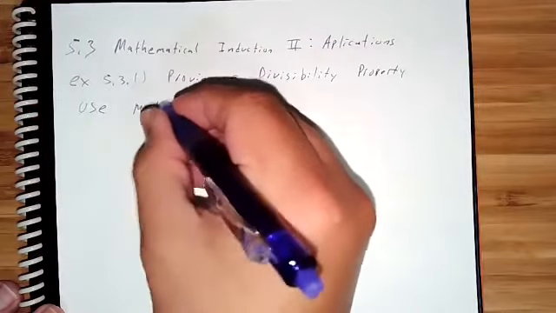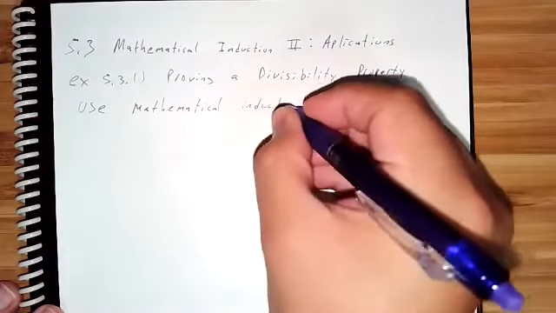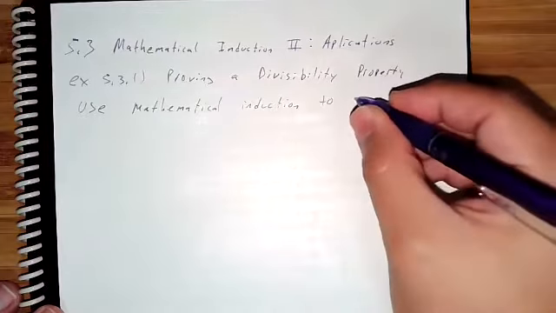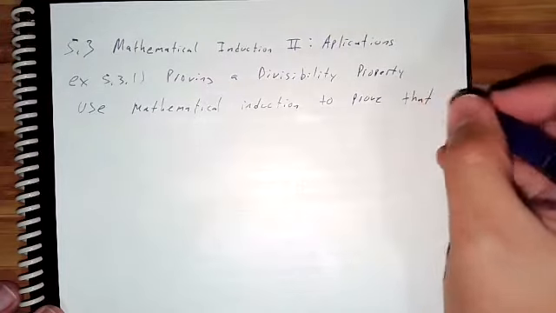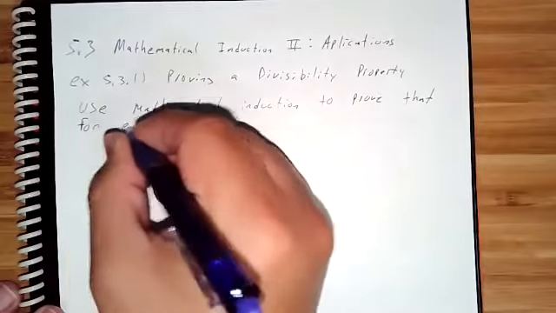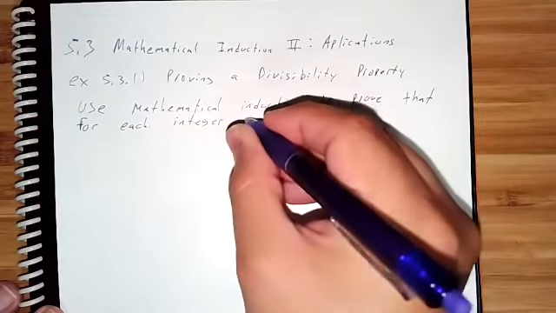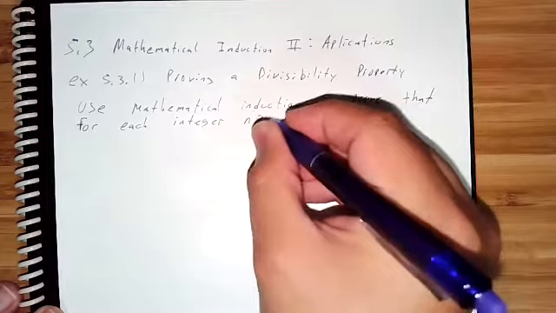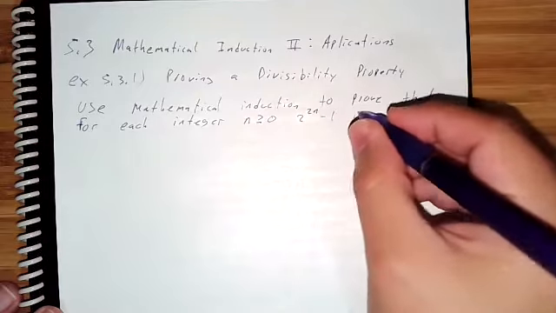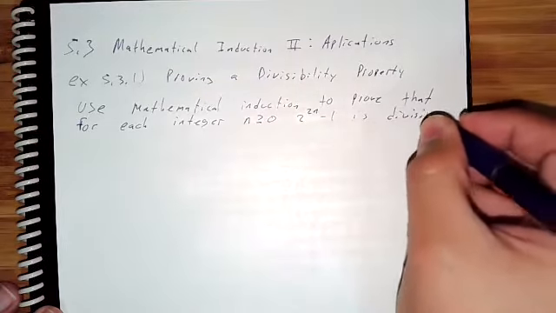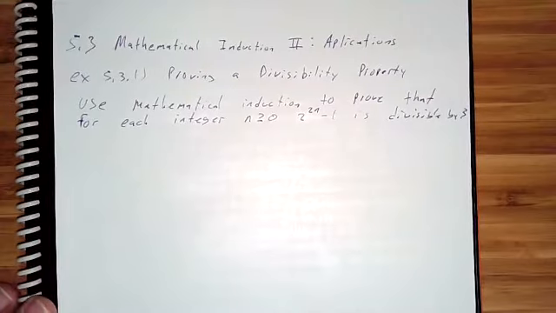Use mathematical induction to prove that for each integer n greater than or equal to 0, 2 to the 2n minus 1 is divisible by 3. By 3. Okay.